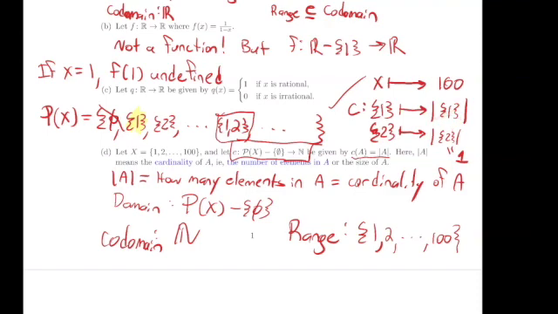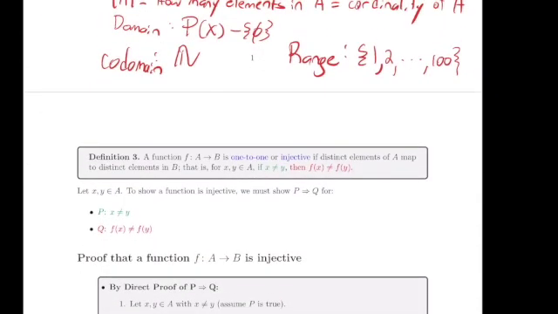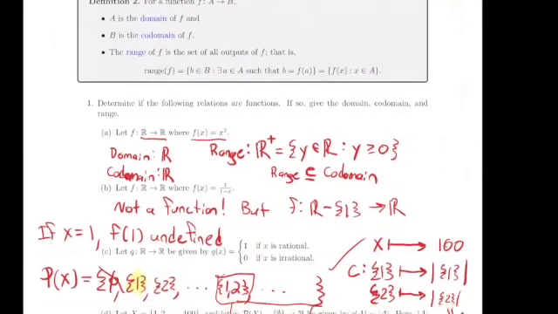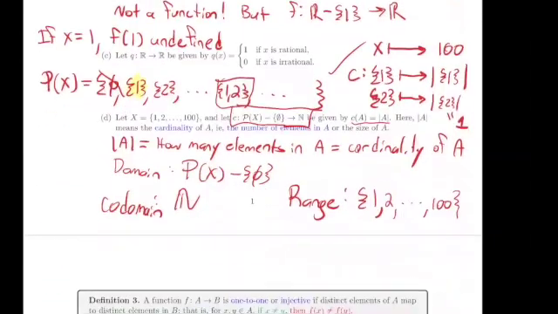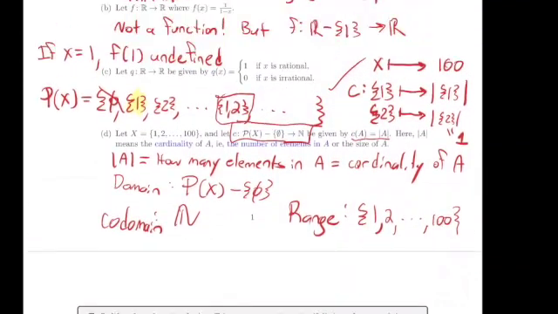If different inputs get the same output, that's okay. The issue we want to watch out for is one input getting different outputs. So that was a review of some of the things you looked at last week. Any questions about these terms?